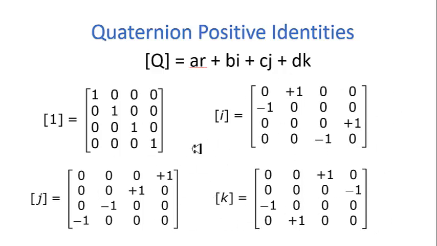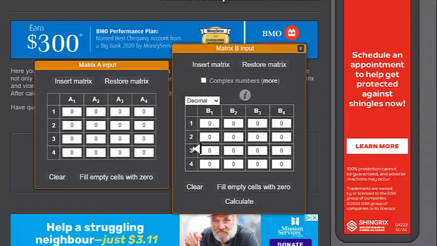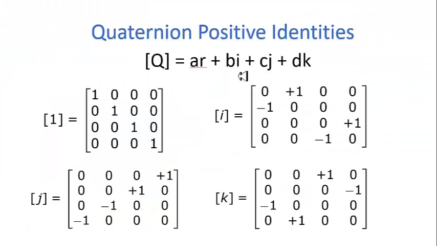So I did this using a program that I will link in the description where you can enter values into the matrix and multiply them and see what the answer is, but I'm not going to do that because I've already done it and I've proven it's true, and so I will leave that as an exercise to the viewer to prove that what I'm saying is correct and that these are in fact the correct identities for i, positive j, and positive k.